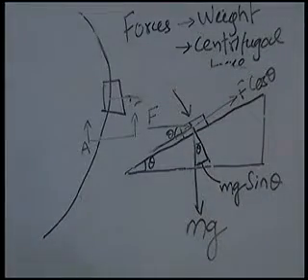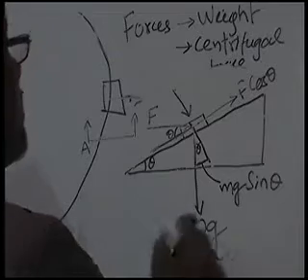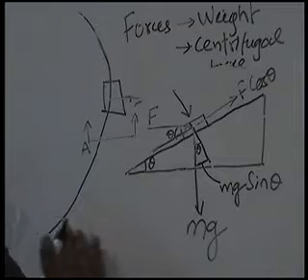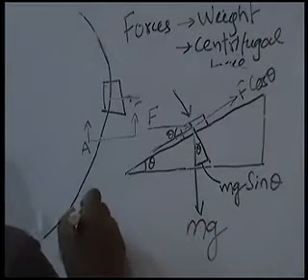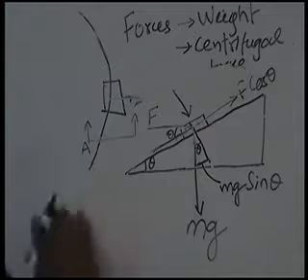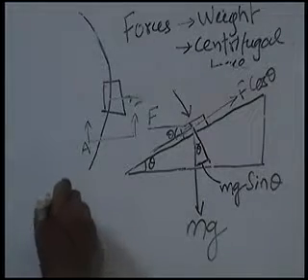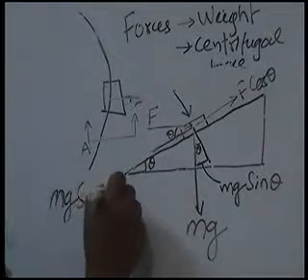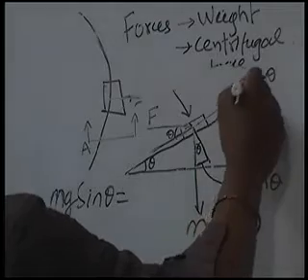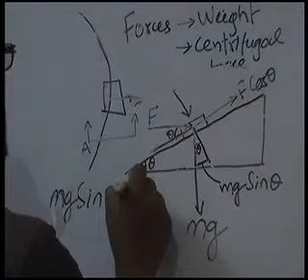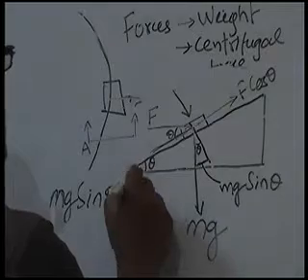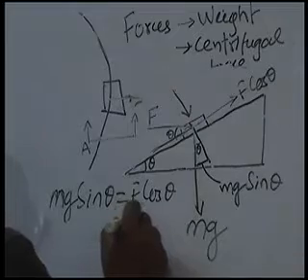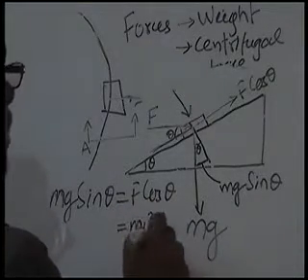That means mg sin theta will be equal to F cos theta, where F equals mv square by r. So mg sin theta is equal to mv square by r cos theta.